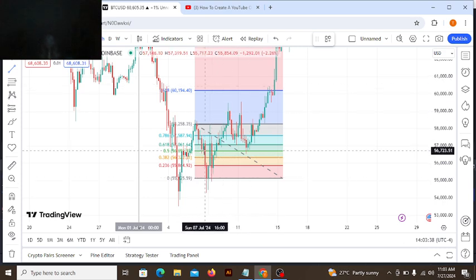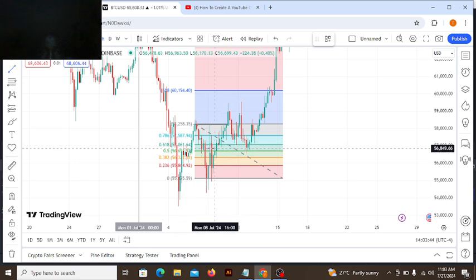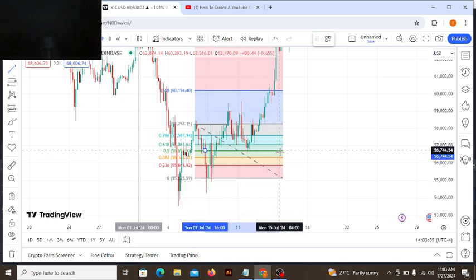So we are going to put our trend line here. This is the high here. Look at it here, like this. Beautiful.